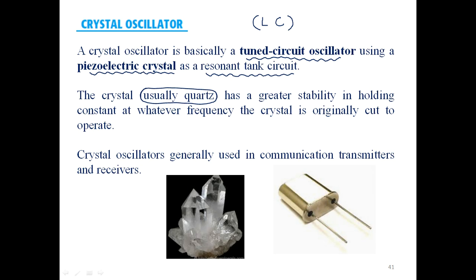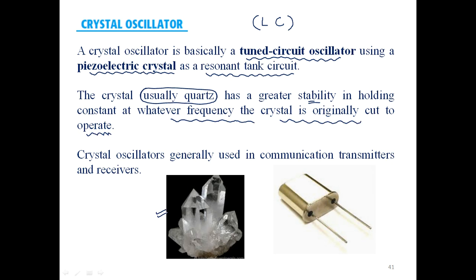It gives a great sharp resonant frequency. So the quartz crystal has a greater stability in holding constant at whatever frequency the crystal is originally cut to operate. This is something which is interesting.